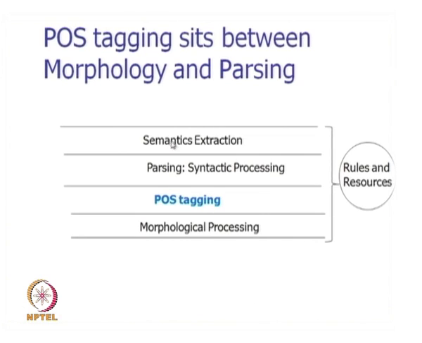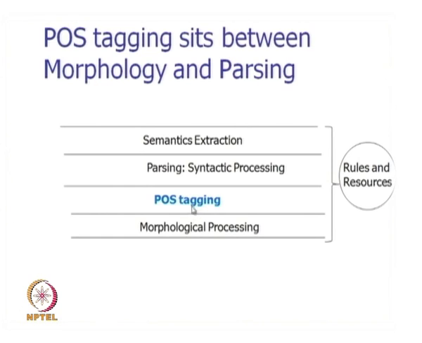So, if we say Ram eats rice with a spoon, then Ram is the agent of the eating activity, rice is the object of the eating activity, and spoon is the instrument. So, this kind of information is obtained at different layers. Part of speech tagging concentrates on simply identifying the grammatical category of the word. So, this is to be borne in mind.